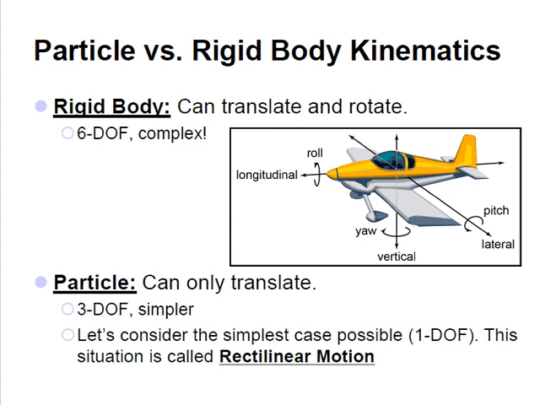Of course, from chapter 1, we talked a little bit about the particle and the rigid bodies, yeah? So now we're going to get into particle versus rigid body kinematics. Basically, again, how things move.